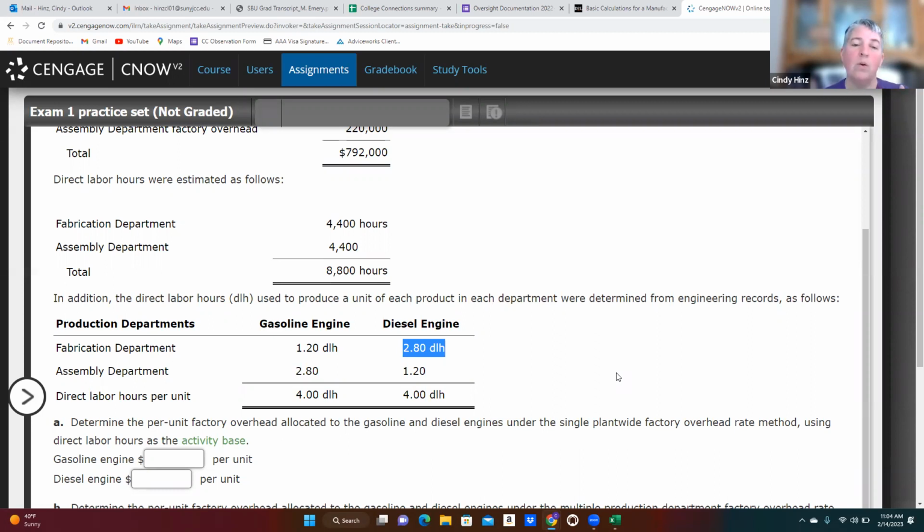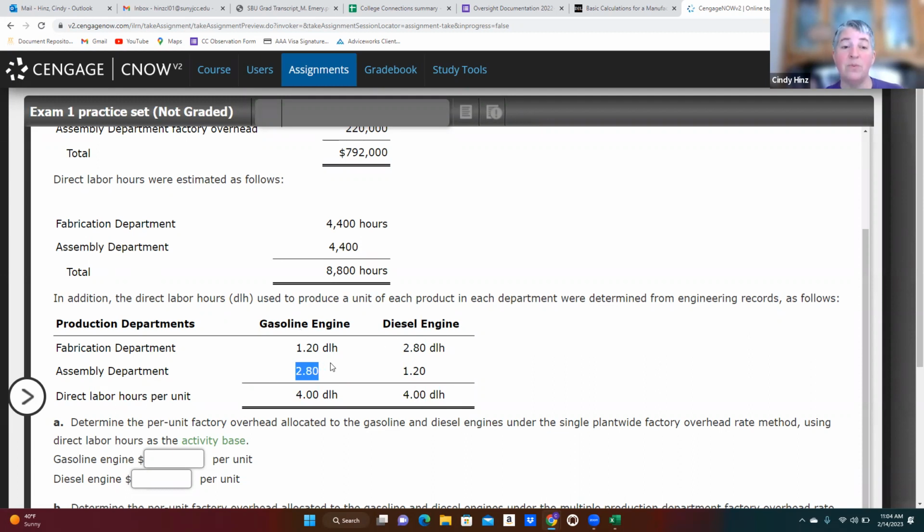And so if we use a single plant-wide rate, again, we'll look at the numbers in just a moment, we're going to be applying too much overhead to the gasoline engine, which takes the same amount of time overall, but most of its time is spent in the assembly department, which is cheaper.